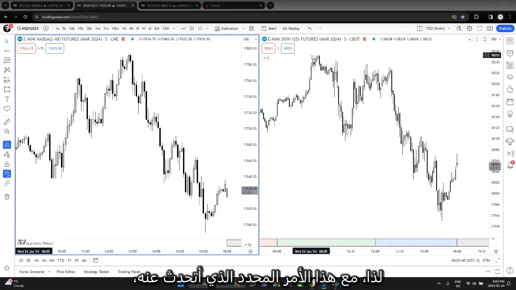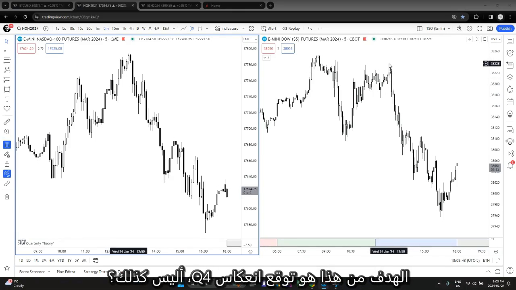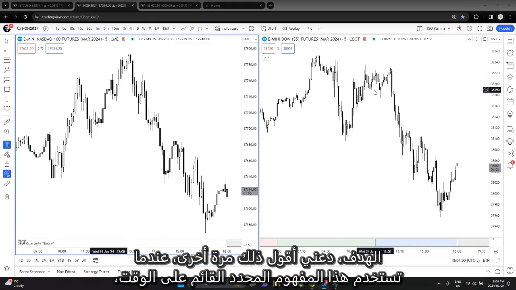With this specific one that I am talking about, the aim of this is to anticipate the reversal of Q4, right? Let me say that again.